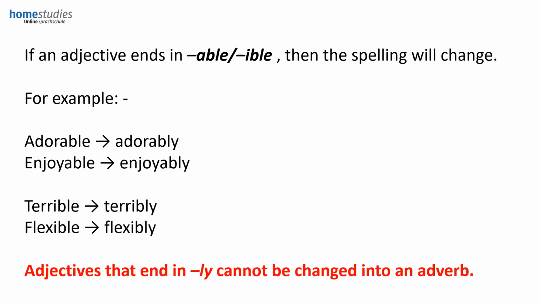For example, adorable will become adorably. Enjoyable becomes enjoyably. And likewise, terrible becomes terribly. Flexible becomes flexibly. Now, point to remember is that adjectives that end in ly cannot be changed into an adverb.